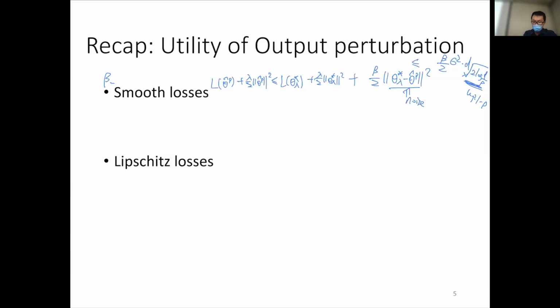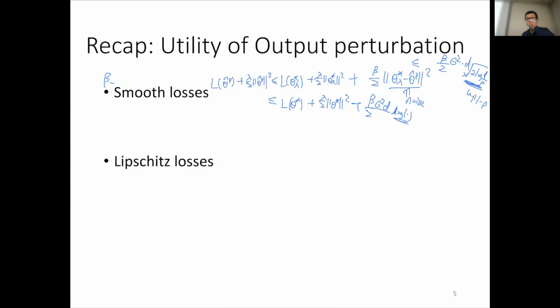Okay, and now the next step is to handle the additional regularization. So by the optimality of this theta star lambda, then we can just replace this with theta star, and then write the same inequality, right? Plus sigma squared d, and I'm gonna group everything in the log by just writing this log and a dot inside.